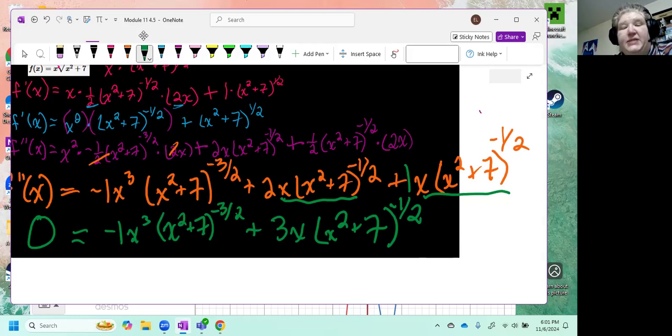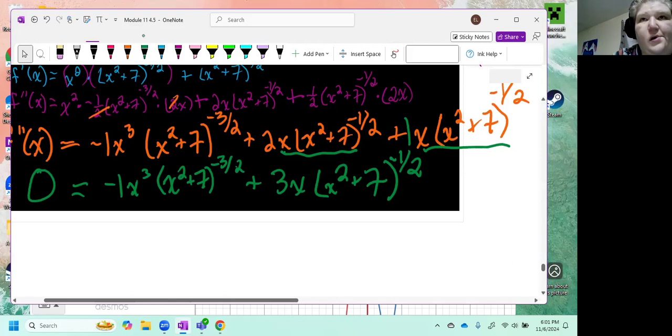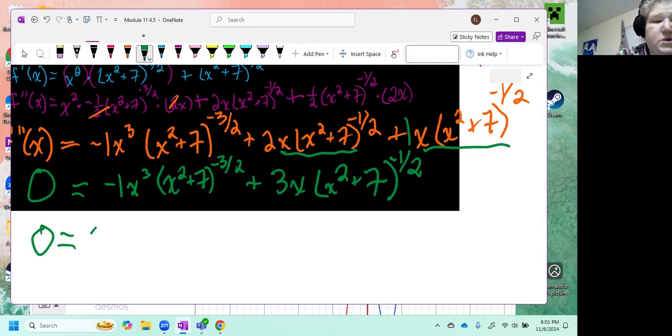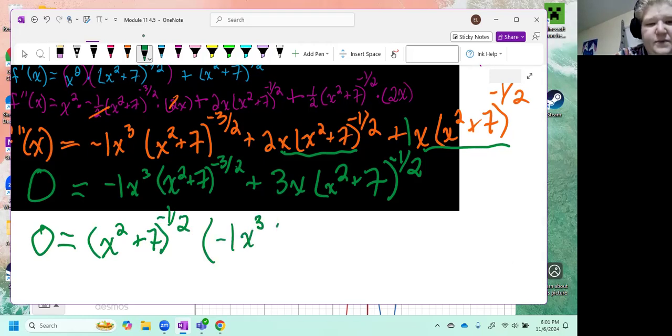I've got ugly to the negative 3/2 and ugly to the negative 1/2. I'm going to factor out ugly to the negative 1/2. We'll put a little star there and write the rest.